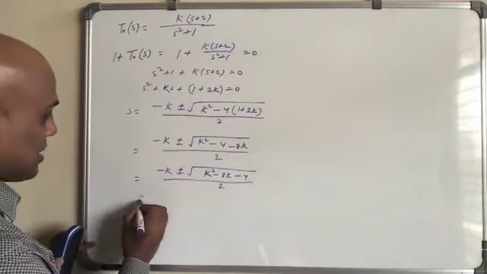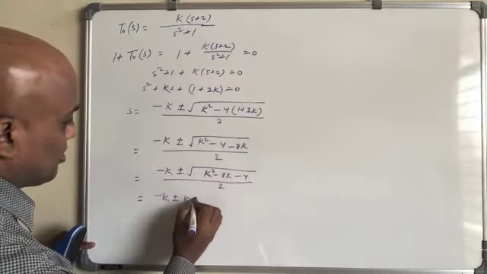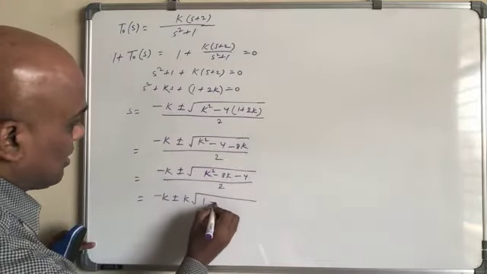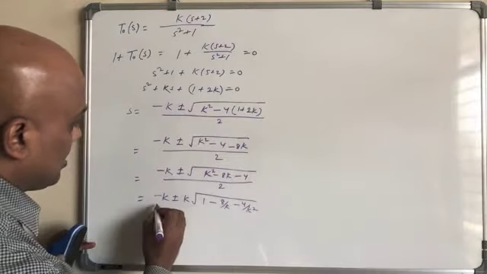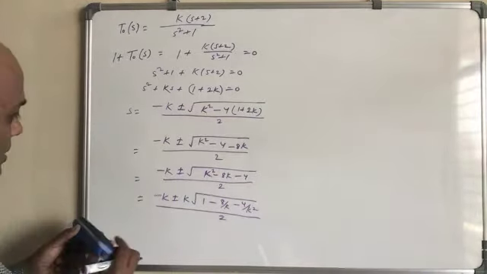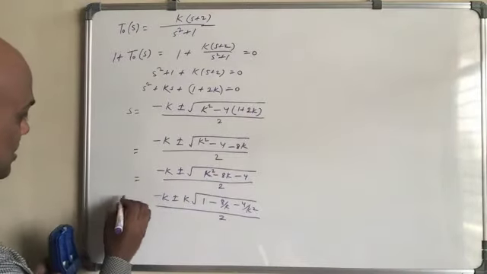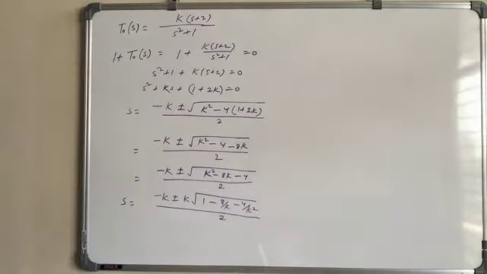So we write further minus k plus minus k, taking this out, and we get 1 minus 8 over k minus 4 by k square, divided by 2. s is equal to like this.